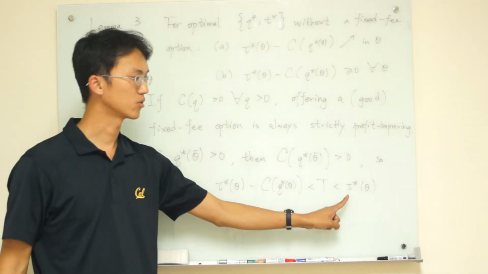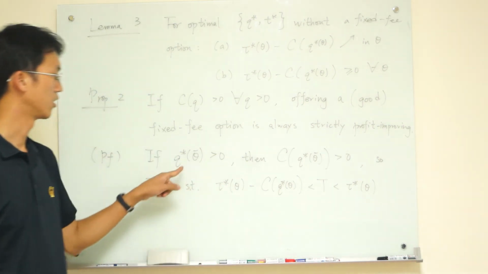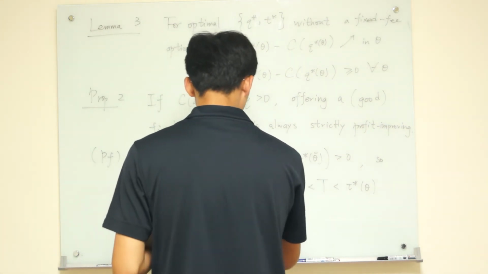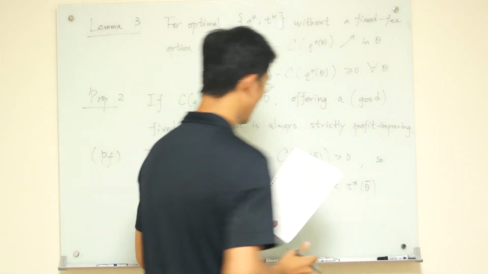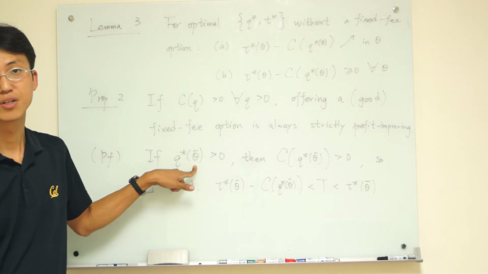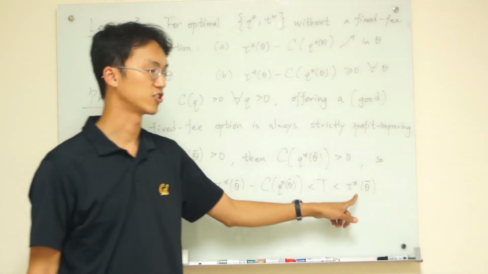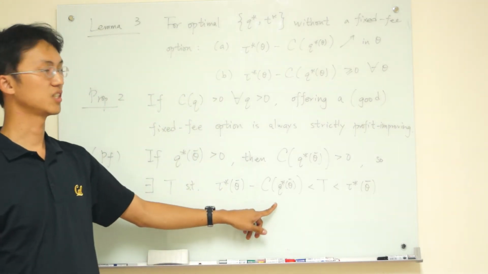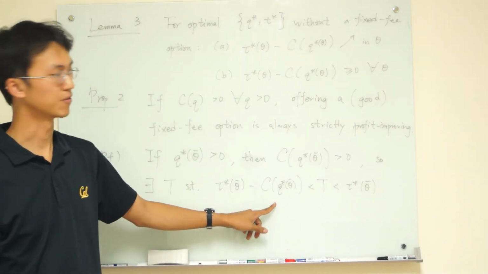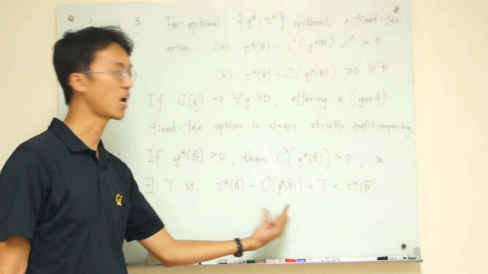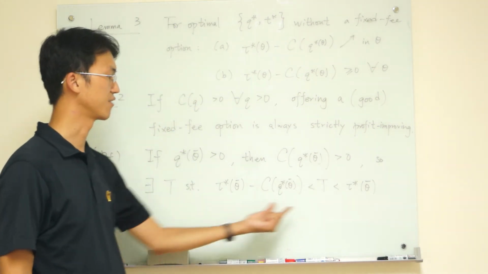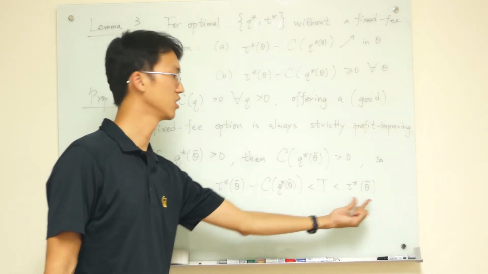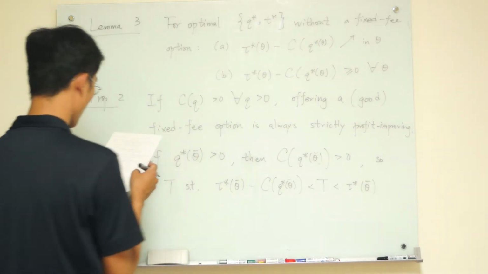I know tau star of T should be for the highest type. I know for the highest type, I charge a positive amount from him. And I know C is positive, so there is a gap between this side and this side, and that's why I can find a T in between. So now there is a T satisfying these two inequalities.